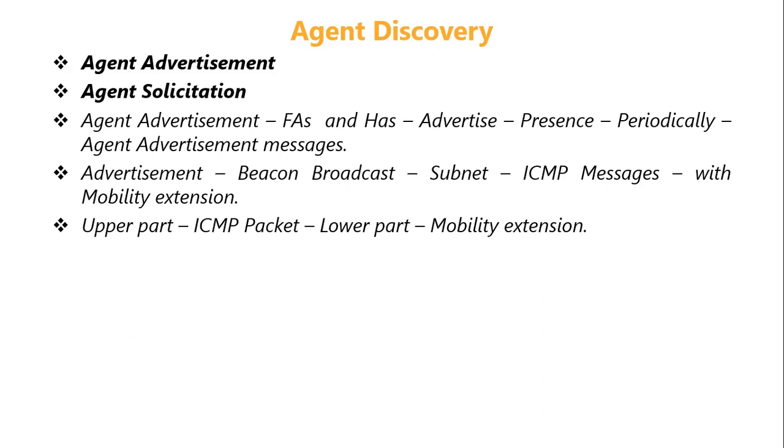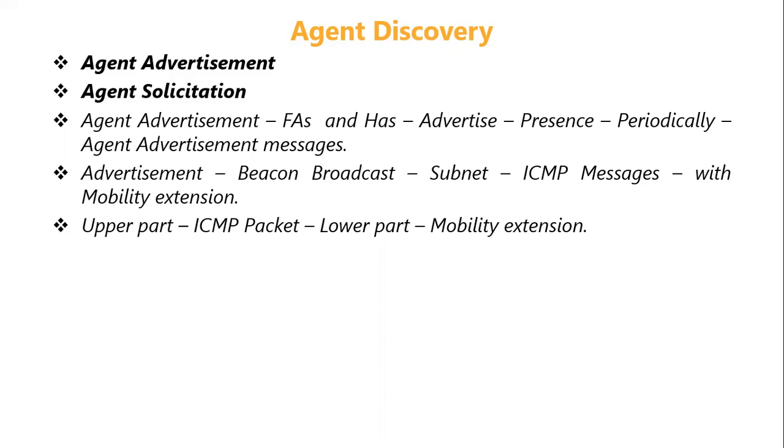The fields necessary on the lower layers for the agent advertisement are: a type field, a length field, a sequence number, a registration lifetime, and some other fields which we will discuss later in this lecture.